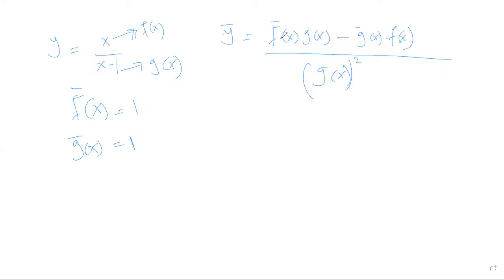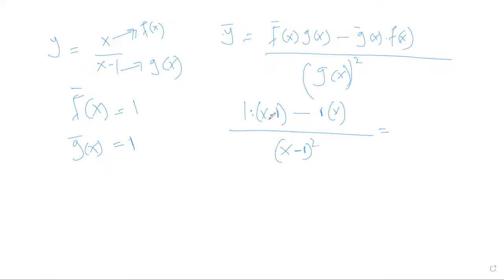We have the derivative of f(x), which is 1, times g(x), which is x minus 1. Then minus the derivative of g(x), which is 1, times f(x), which is x, divided by g(x) squared, which is x minus 1 squared.